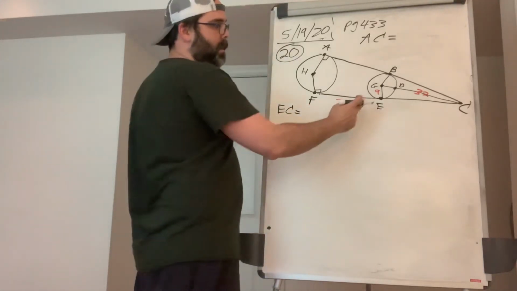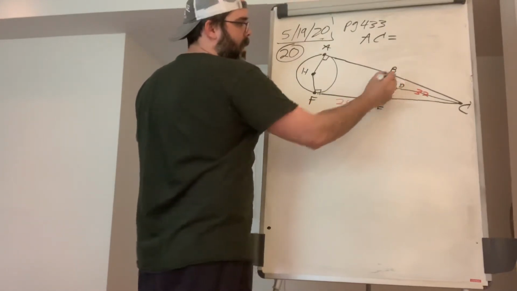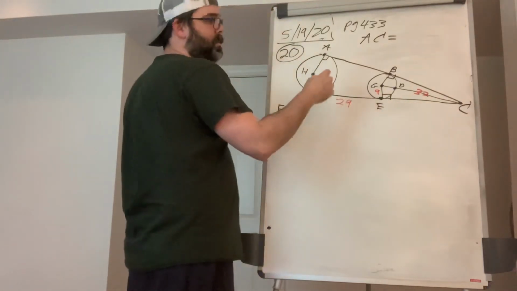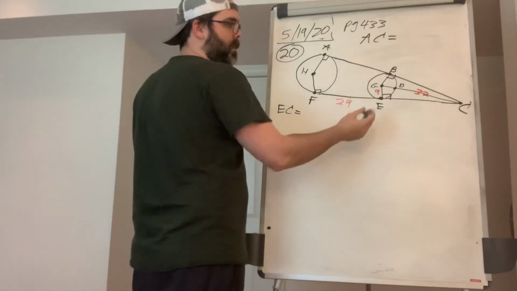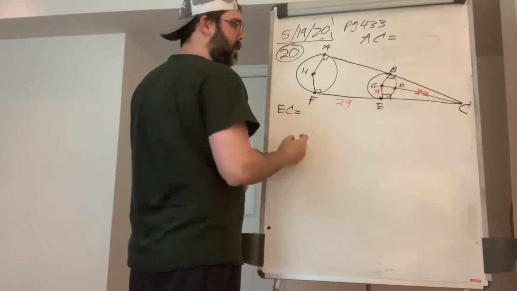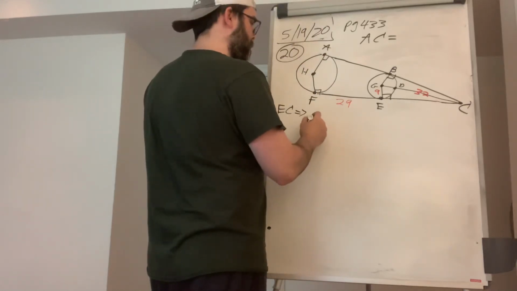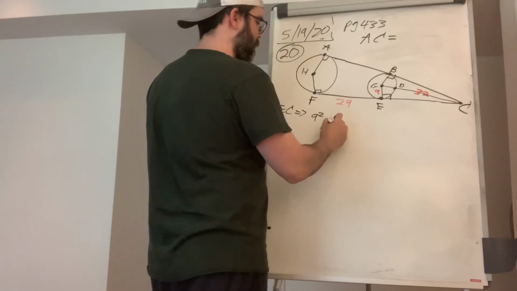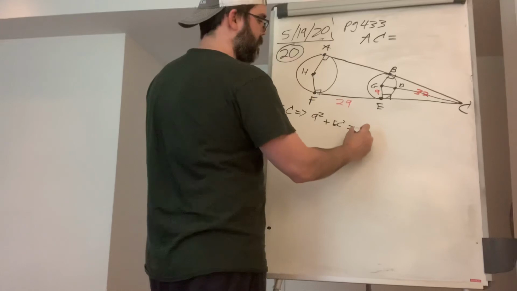EC is the long leg of right triangle GEC. So we're going to set up the Pythagorean theorem. This squared plus this squared equals this squared. So 9 squared plus EC squared equals 32 squared.